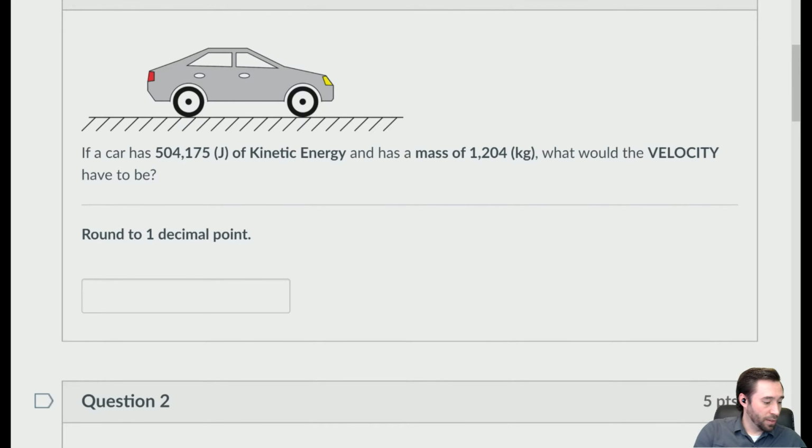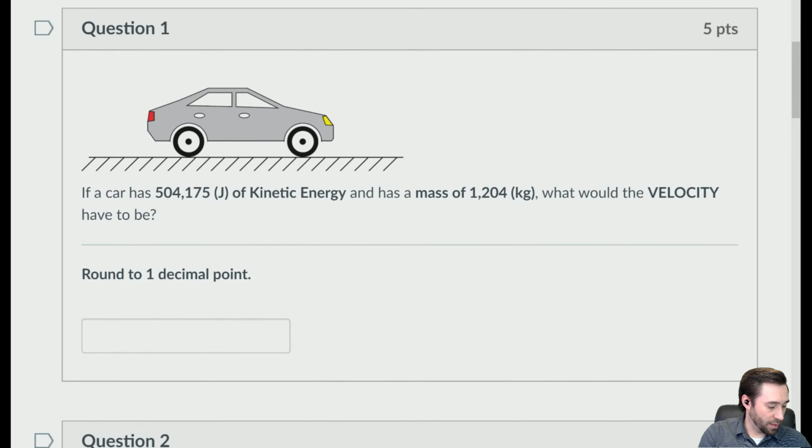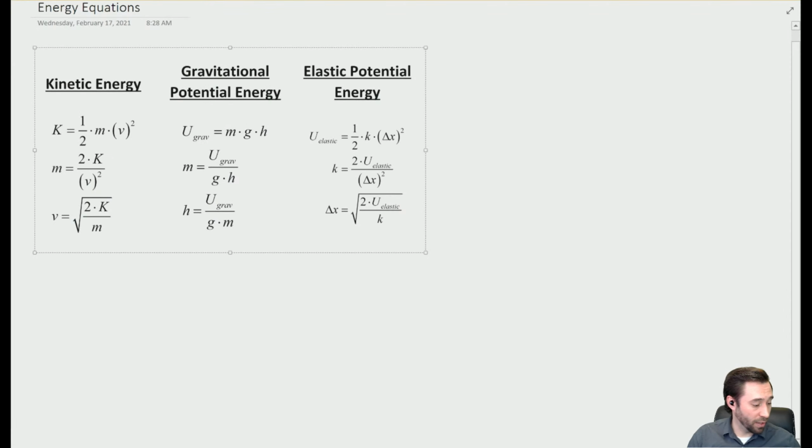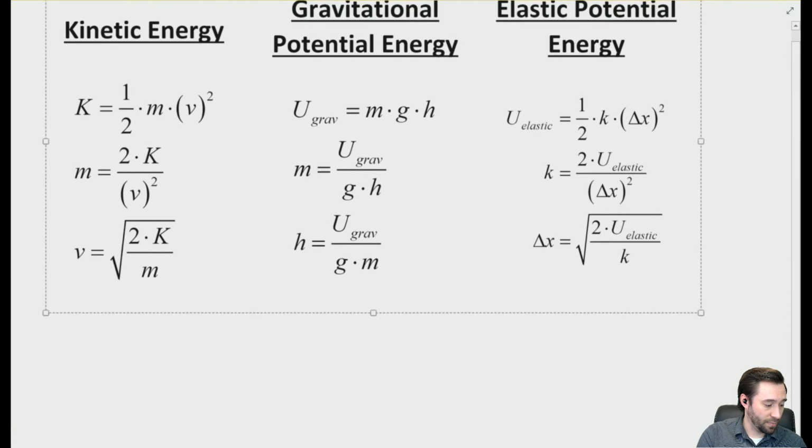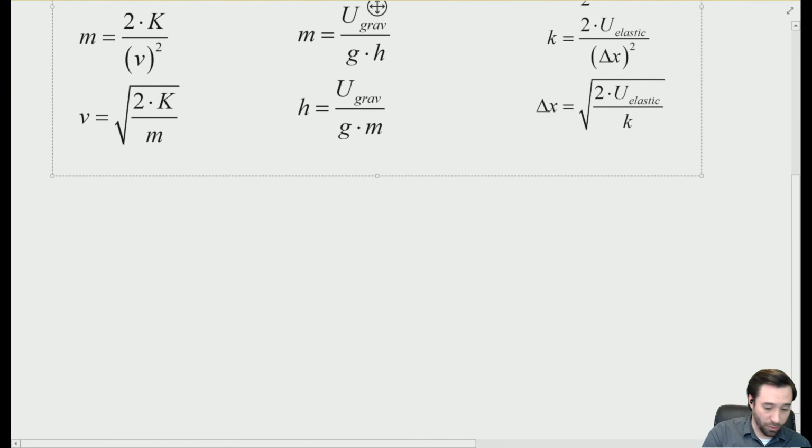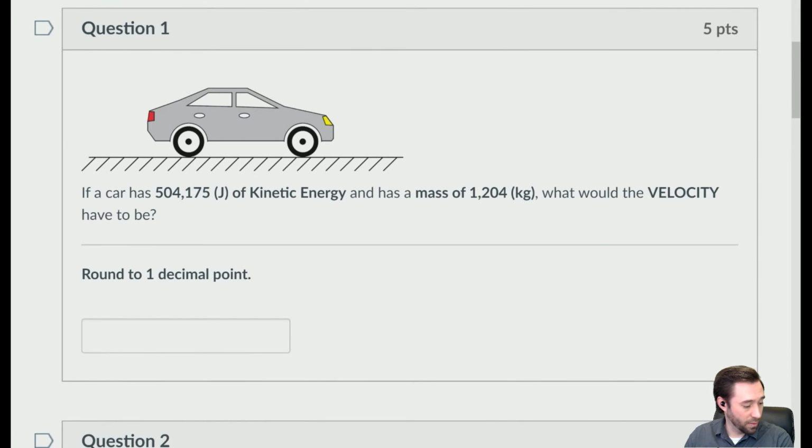All right, so in this first question, it's asking if a car has 504,175 joules of kinetic energy and has a mass of 1,204 kilograms, what would the velocity have to be? So if I look at my equations, well, first off, let's write down what we know. So we have 504,175.